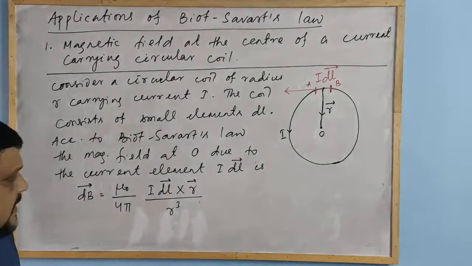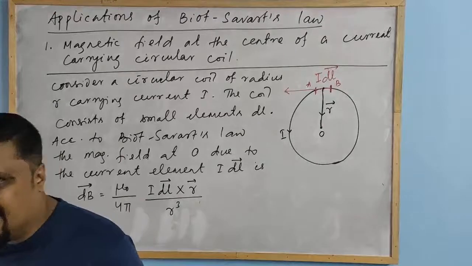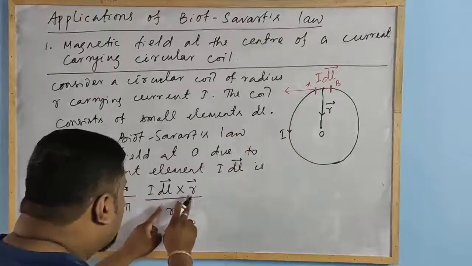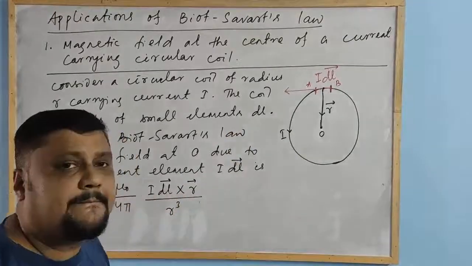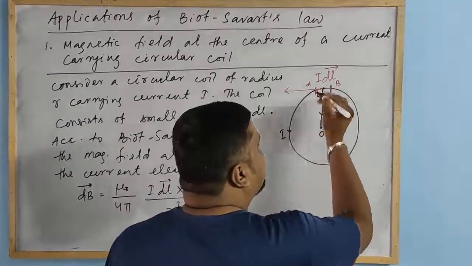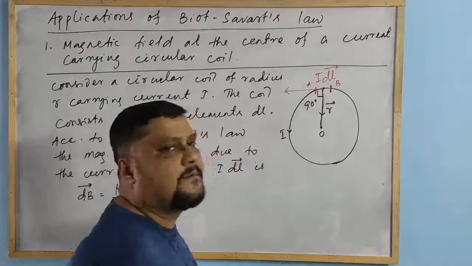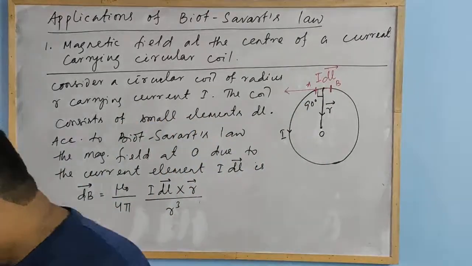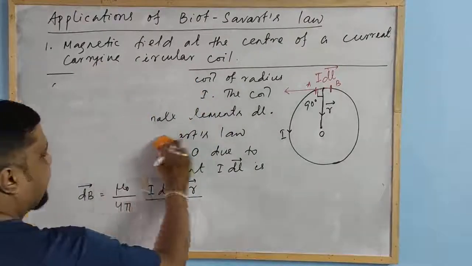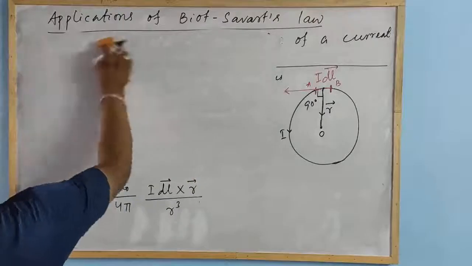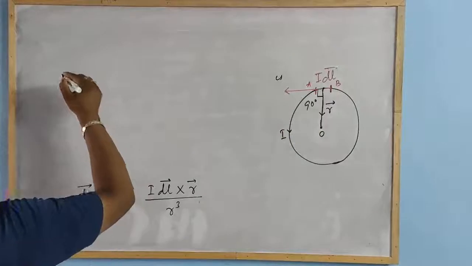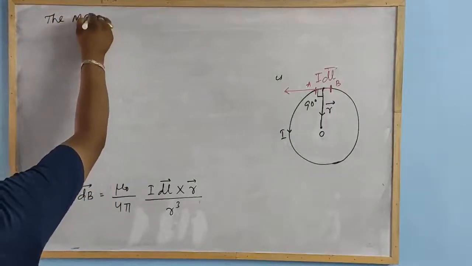Now you see in this figure, what is the angle between this I dl and r, because it is I dl cross r? The angle between these two is this one. What is this angle? Perpendicular. So the magnitude, then we will go to the direction part later.